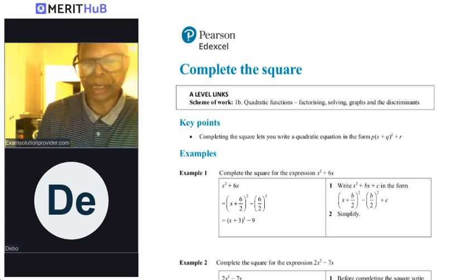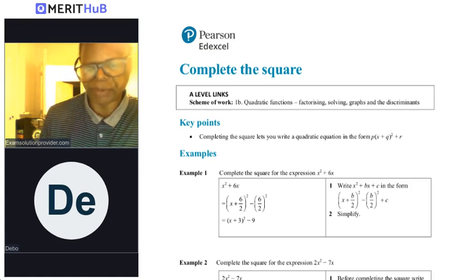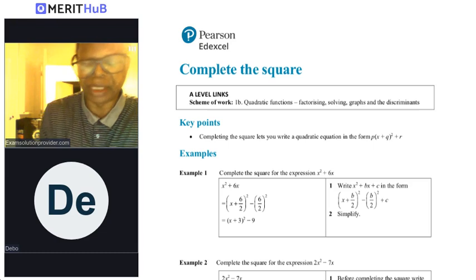If you simplify, you should get x plus 3, because 6 divided by 2 is 3, and that squared. 3 squared is 9, so it's going to be minus 9. You follow? Let's get the next one.